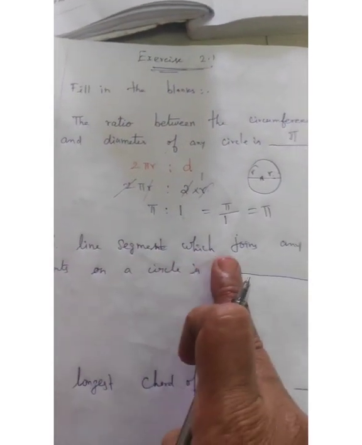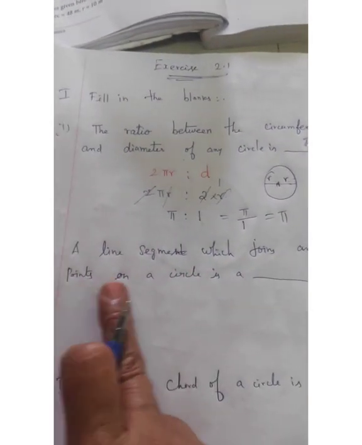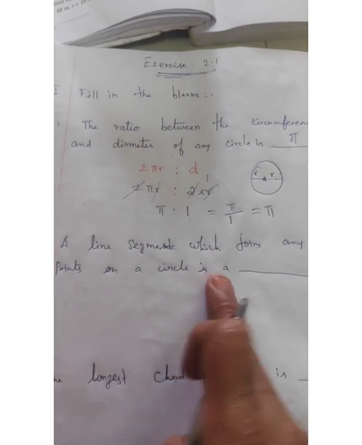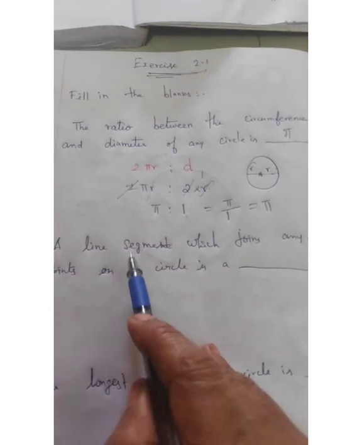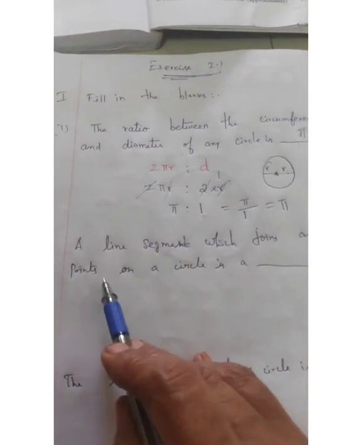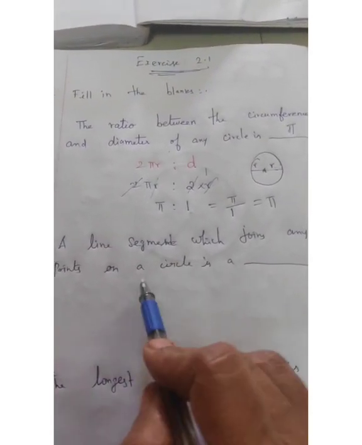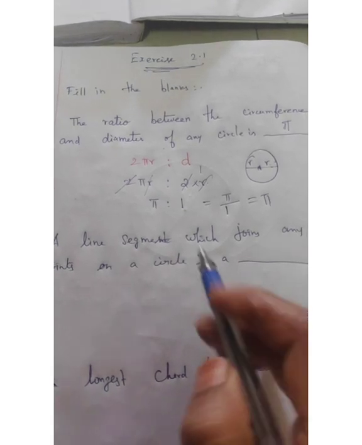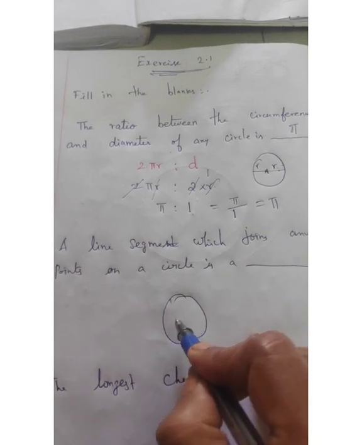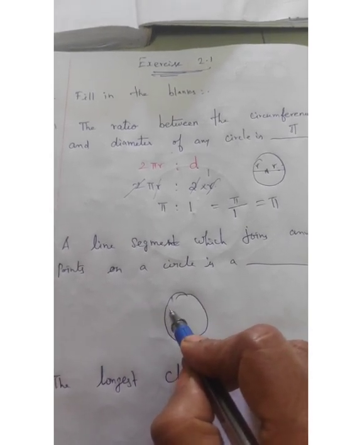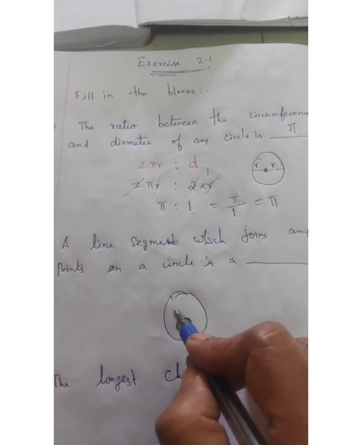A line segment which joins any 2 points on the circle is called dash. Okay, see there, one circle. The line segment joining these points is called the chord.